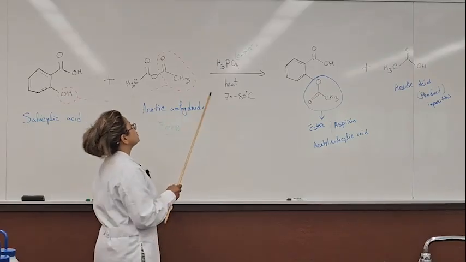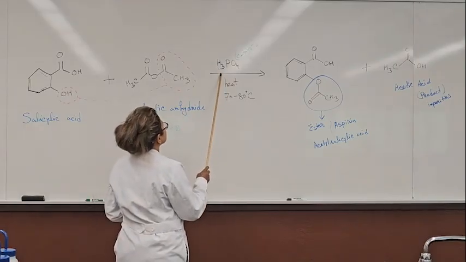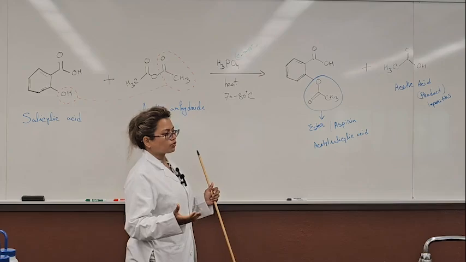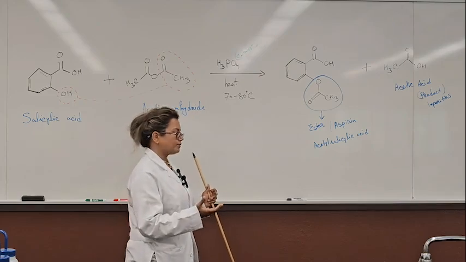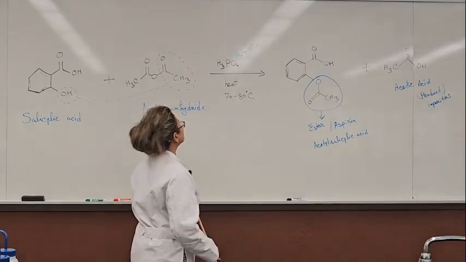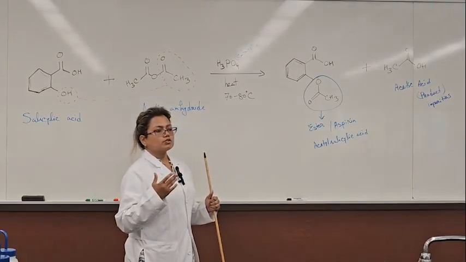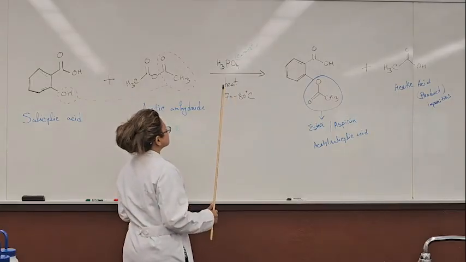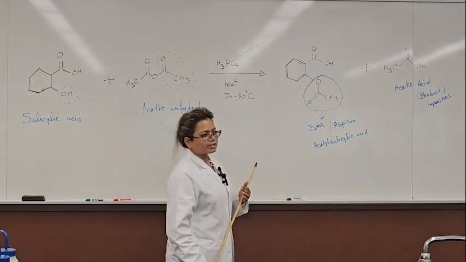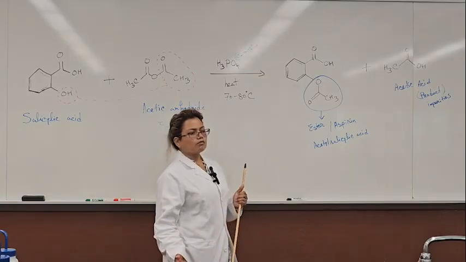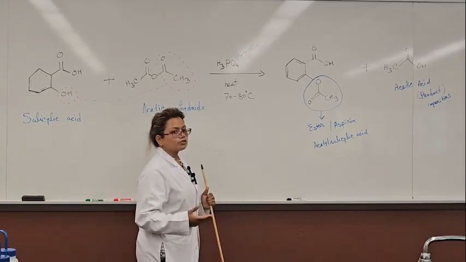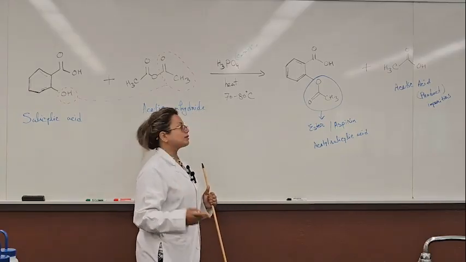We will use phosphoric acid, which is the catalyst. It will not participate in the reaction, but will make the reaction faster. We will heat it up. In the manual it says 70 to 80 degrees Celsius in a water bath, but to make it faster we will use 100 degrees Celsius, the boiling.